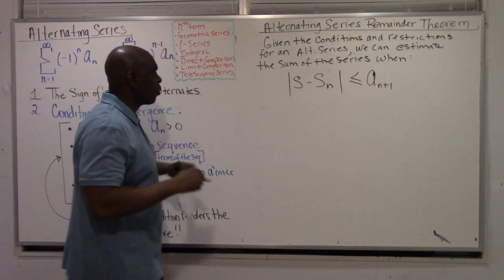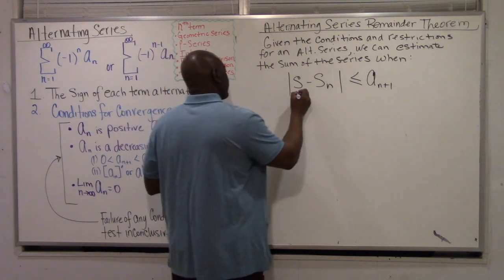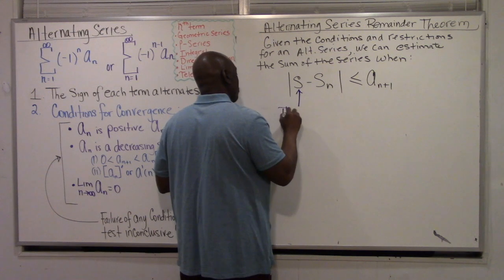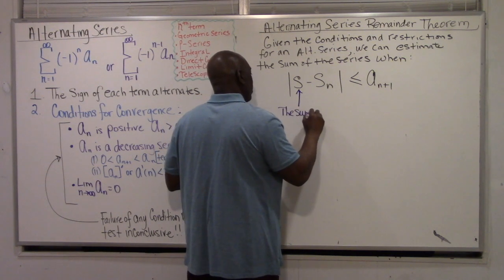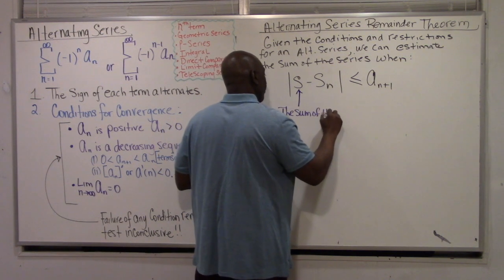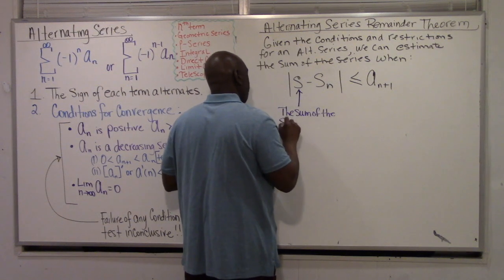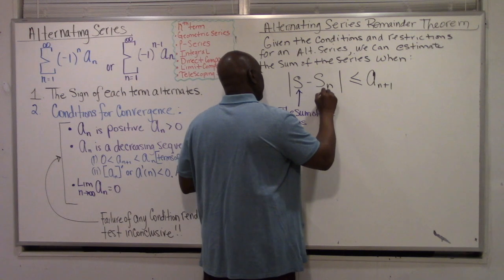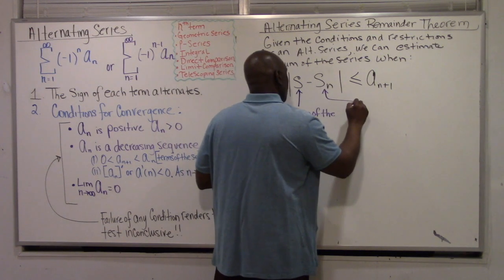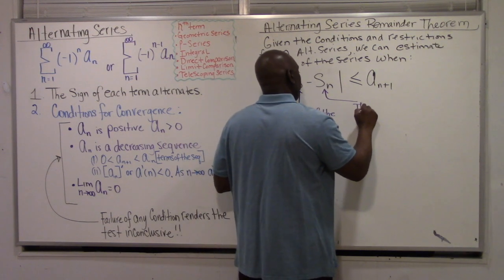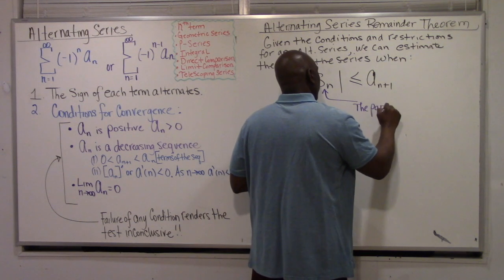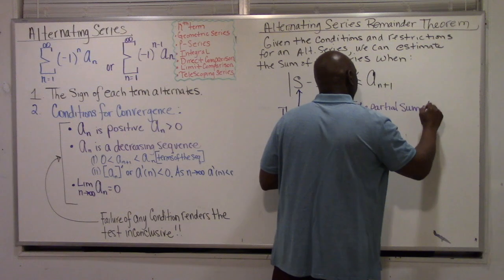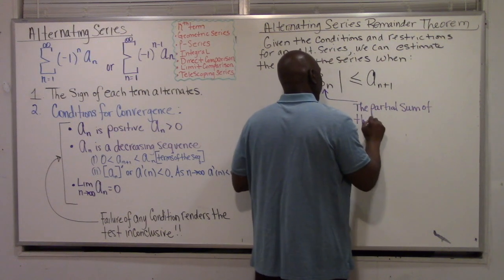Where this S here is in actuality the sum of the series. Sn represents the partial sum of the nth term.